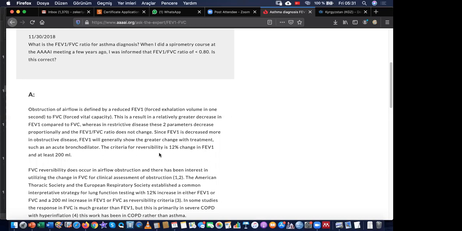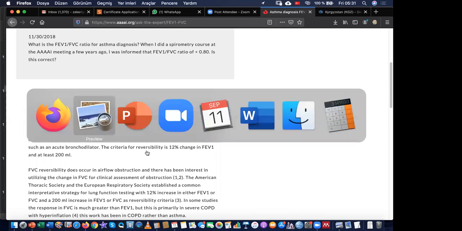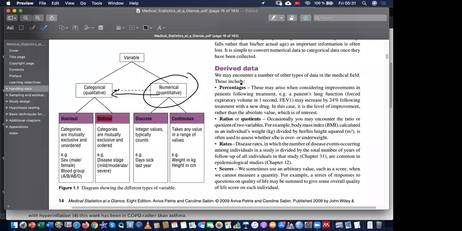When you give the beta-mimetic medication and there is an improvement in the expiratory capacity, like the 12% mentioned on this web page, then you may consider that this patient has asthma because he benefits from salbutamol or beta-mimetic medications. Okay, this is percentage, very easy.